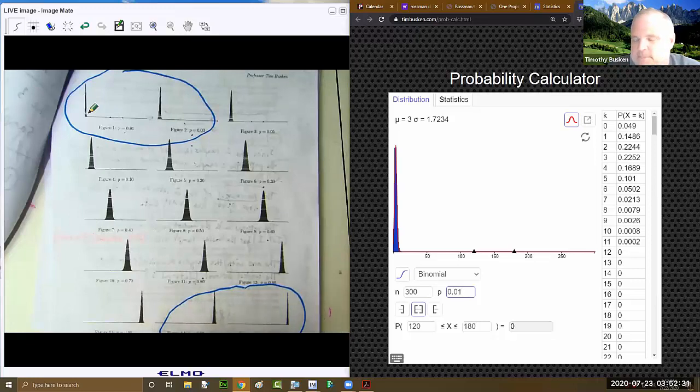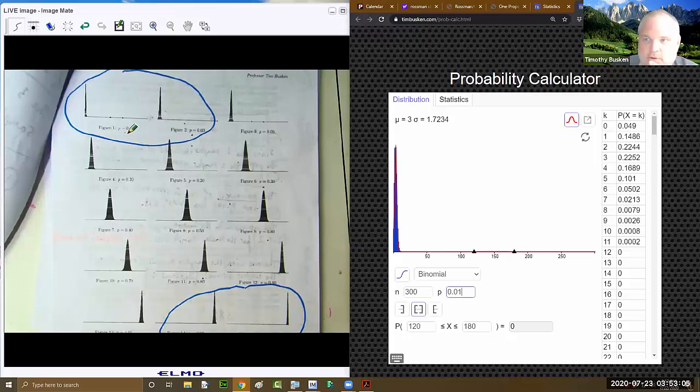Notice that when that sampling distribution is centered at 0.01, yes, we're getting a normal curve. It just looks like a spike, and there's not a lot of variation in that normal curve. Most of the values of p hat are falling close to the actual value of p, so the standard deviation of p hat will be tiny.